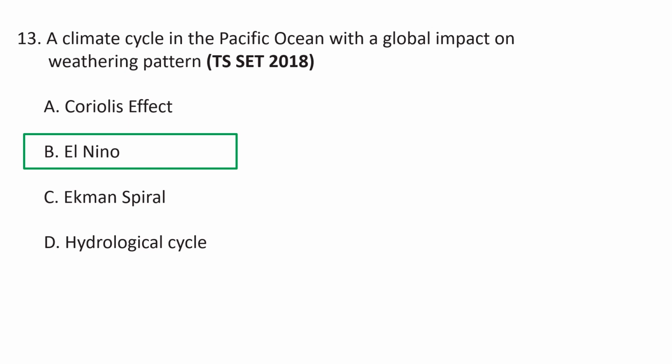And during an El Nino event, what is El Nino? During an El Nino event, westward blowing trade winds weaken along the equator. These changes in air pressure and wind speed cause the warm surface water to move eastward along the equator from the western Pacific to the coast of northern South America. Then what is the Ekman spiral?